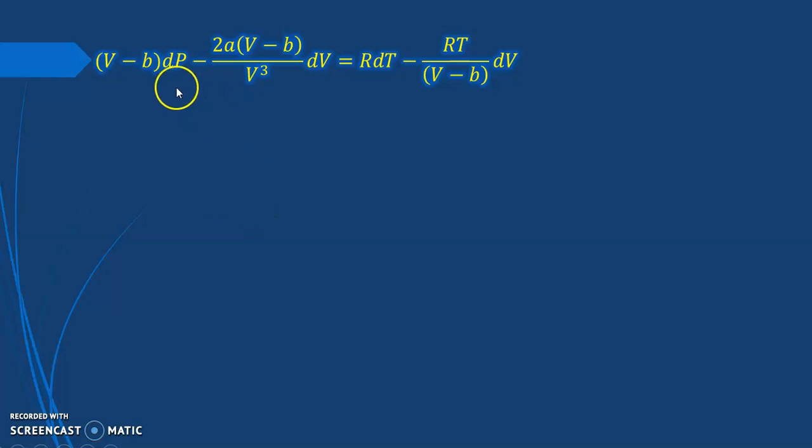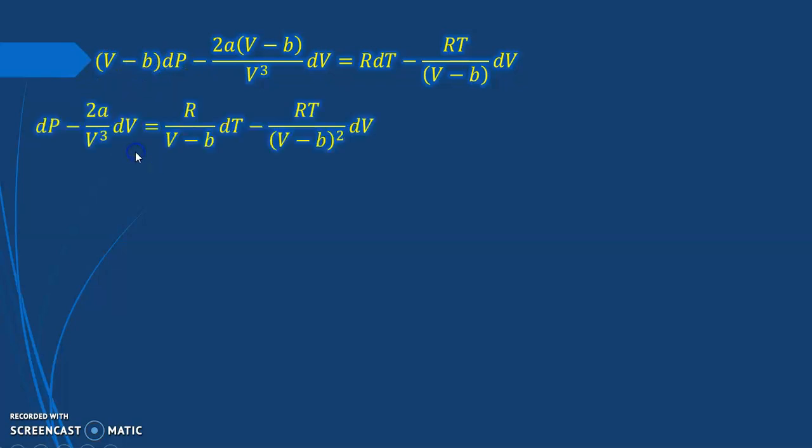So now we can divide all this equation by v minus b. If we do that, we'll get this other equation.